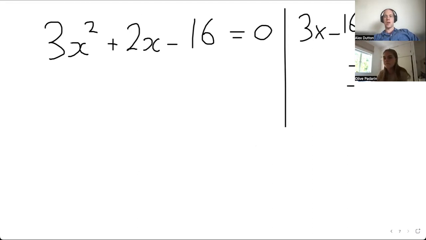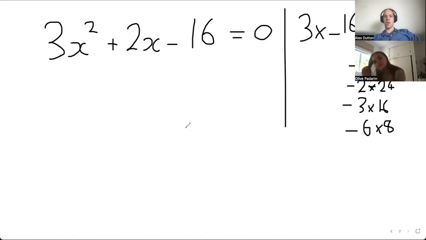Negative 2 and 24. Negative 4 times 12. Oh, sorry, I missed one. Negative 3 times 16. Clearly these are a bit too far apart, so we can go a bit further. And so we get to negative 6 times 8. And then we got it.